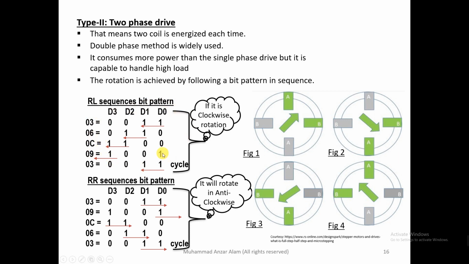We can start with any of the bit patterns, either 03 or 06. But in the next example where we are going now, we started by loading the value 06. Probably it is easier because we have 211 in the center.